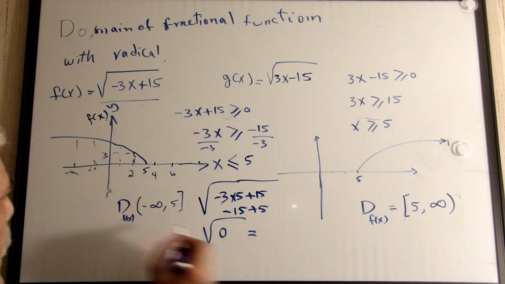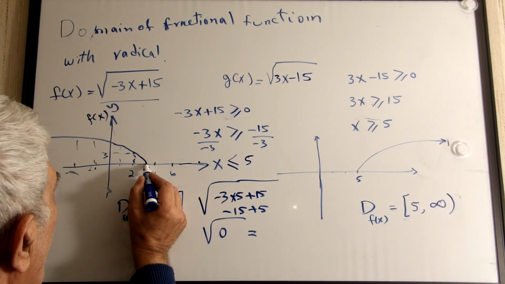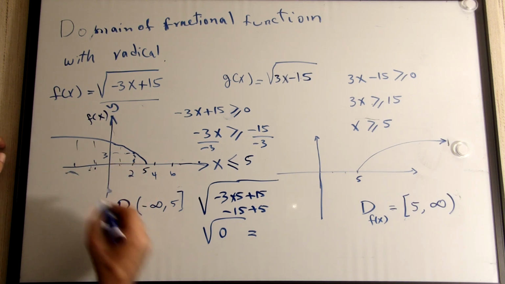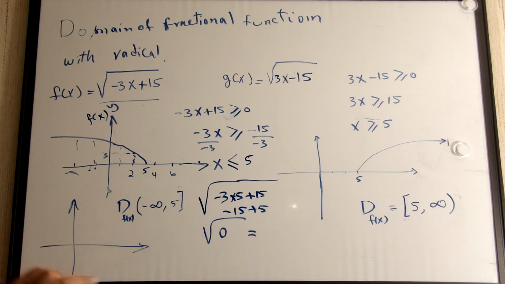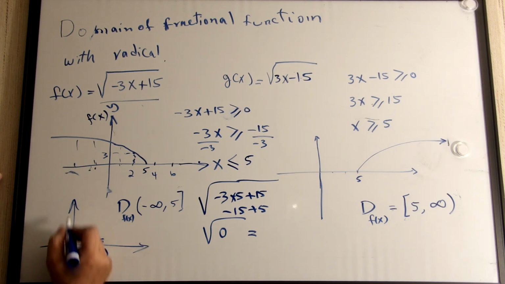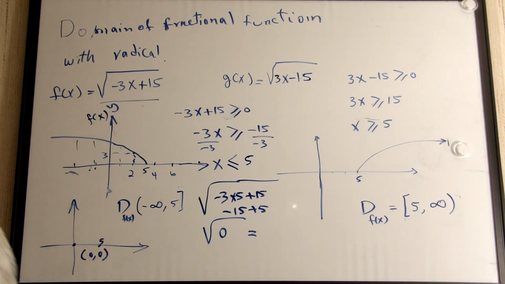So if x is 5, y is going to be 0. On the x and y axes, the point is located here, where x is 5 and y is just 0.